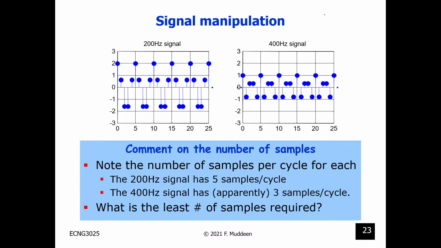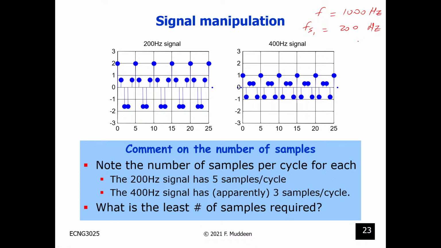So remember here, the continuous time frequency was 1000 Hz, and then we had our sampling frequency for the first instance being 200 Hz.